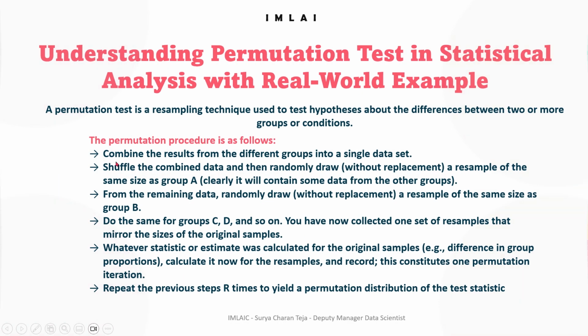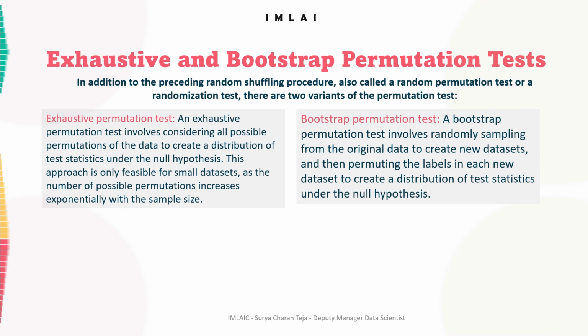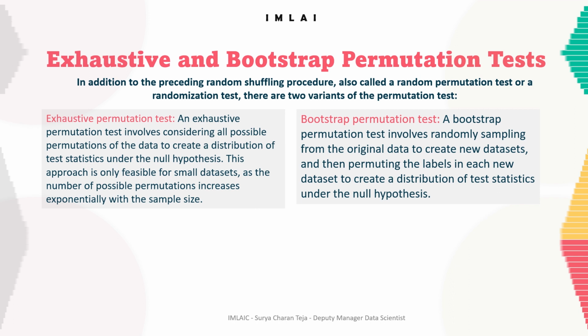See these two steps: shuffle the combined data and then randomly draw without replacement. If it is without replacement, it's called a permutation test, and if it is with replacement, it's called bootstrapping.